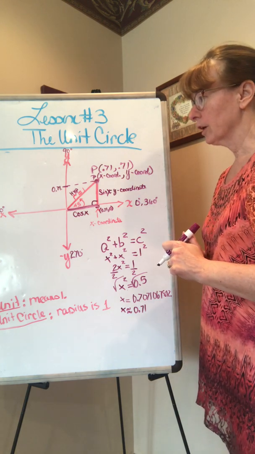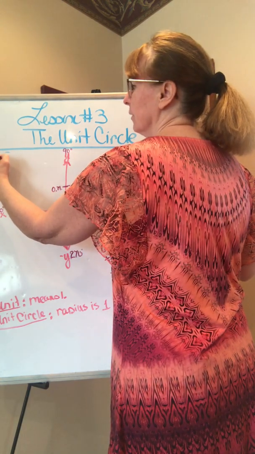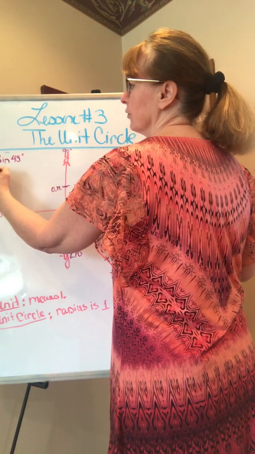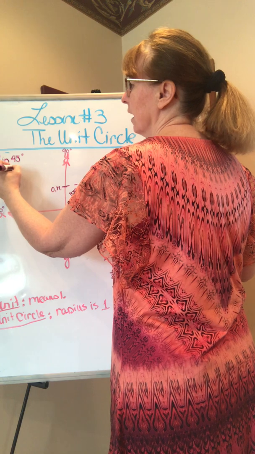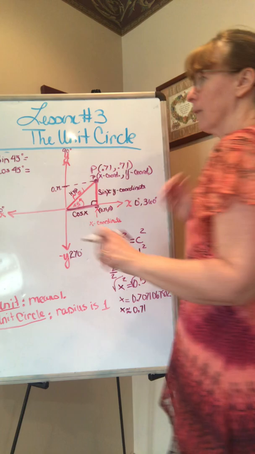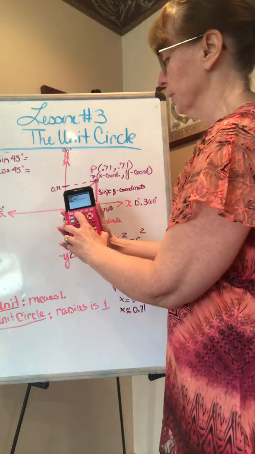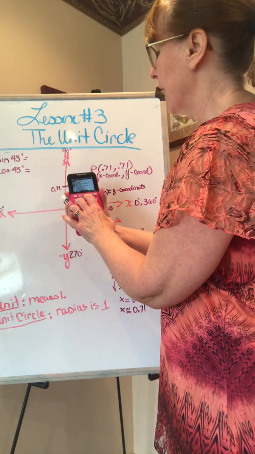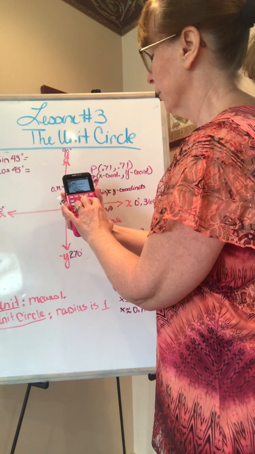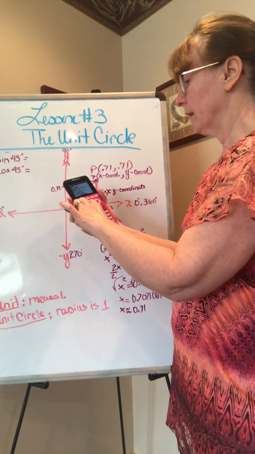Now, if we were to check this out on our calculator, and I wanted the sine, which would be y, of 45 degrees, and the cosine, which would be the x, of 45 degrees, and now I'm in degrees, so here's where you have to hit the word mode on your calculator, and you have to go down and make sure you're in degree mode. So make sure you're in degrees. And quit out of there.